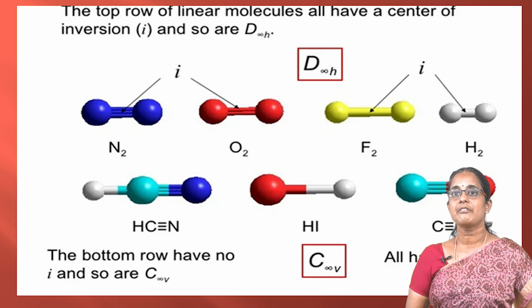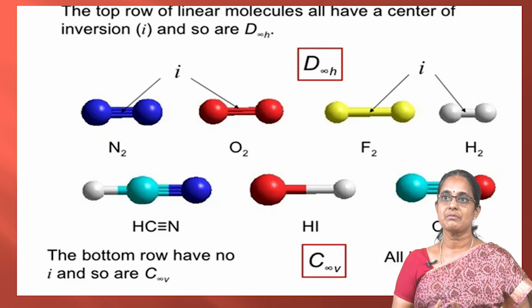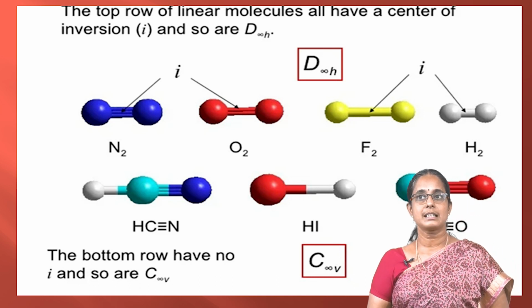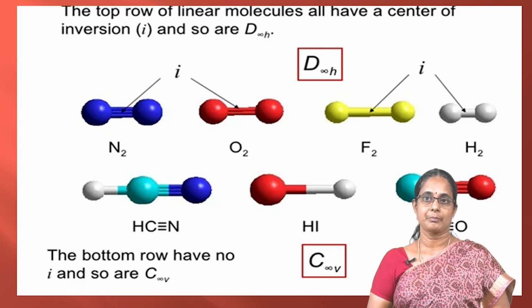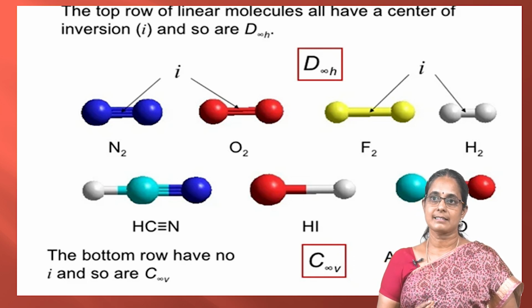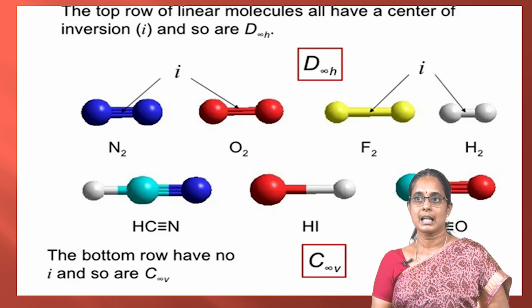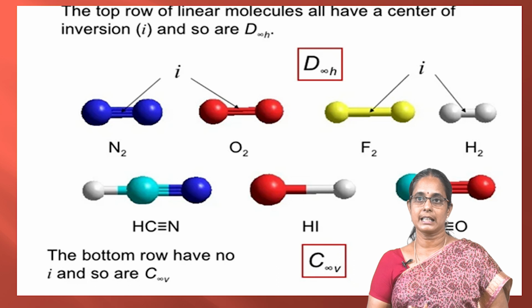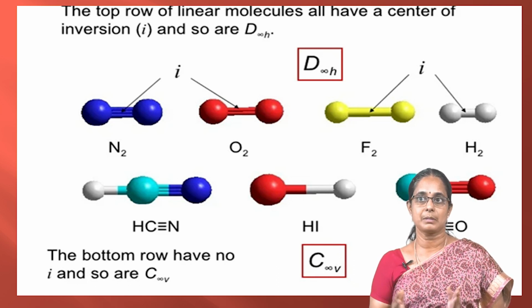The C infinity v point group can be defined in the same way as the Cnv group, where n is infinity. The C infinity axis lies along the internuclear axis, and since the molecule is linear, the sigma v planes are infinite in number.